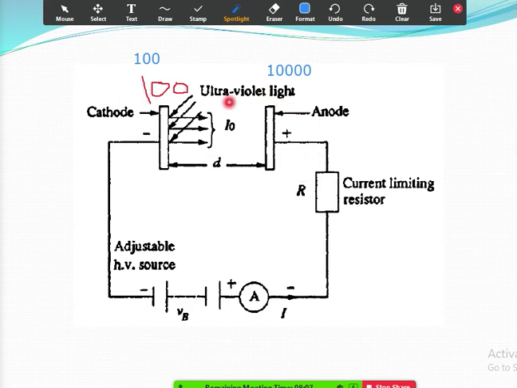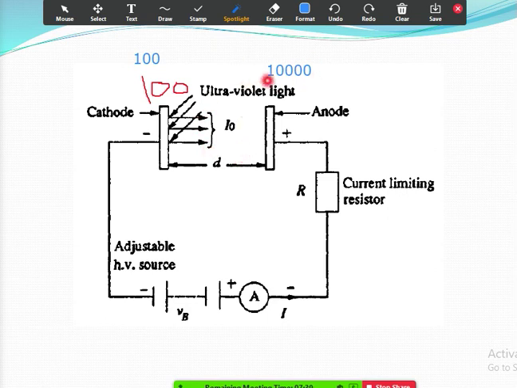Those electrons will multiply, and the number of electrons that reaches the anode will be some 10,000. So here we started with 100 and the electrons have multiplied to 10,000, or it may be lakhs also, we don't know. Since atoms are very very small in size, there will be some lakhs in between. So the number of electrons may be in lakhs also.